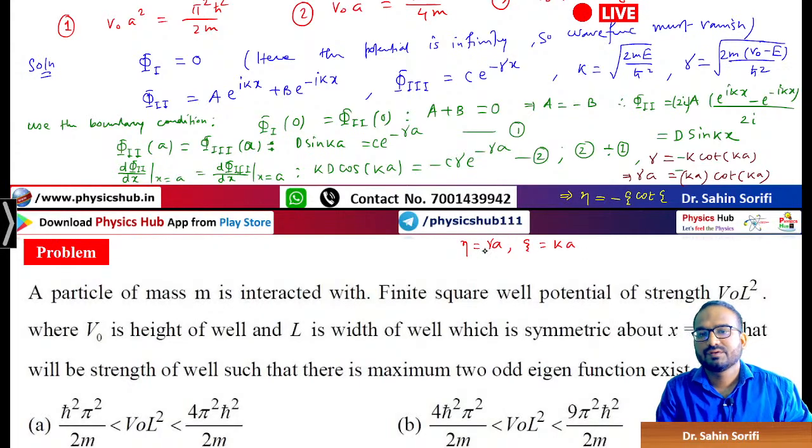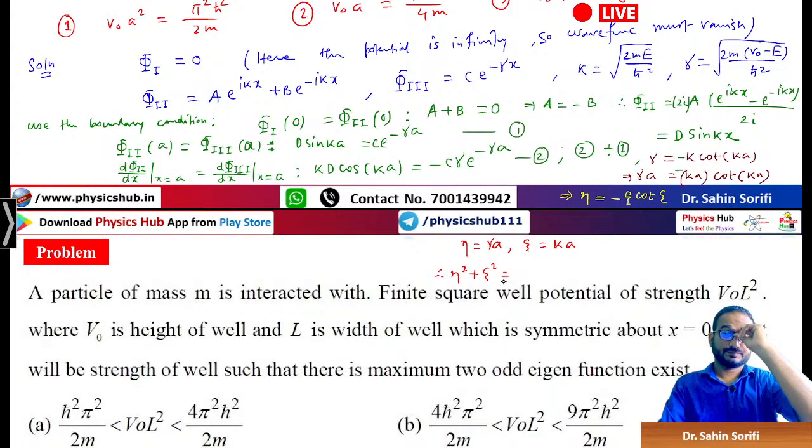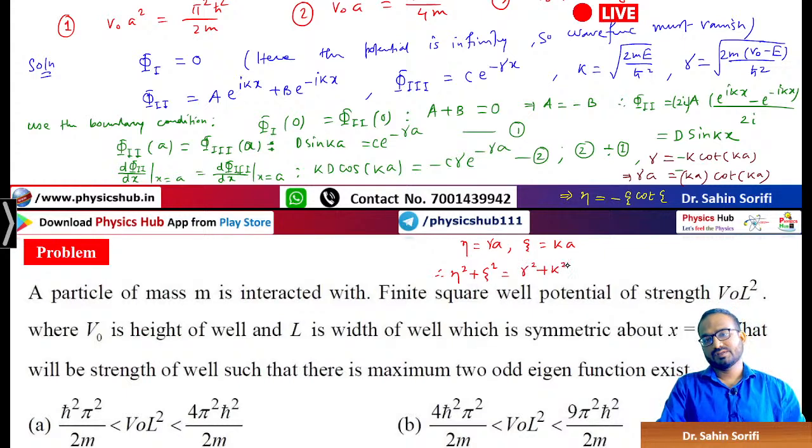So what is the value of eta square plus xi square? Ultimately we require this eta square plus xi square, that will give you r squared. So it is nothing but gamma square plus k square times a square.